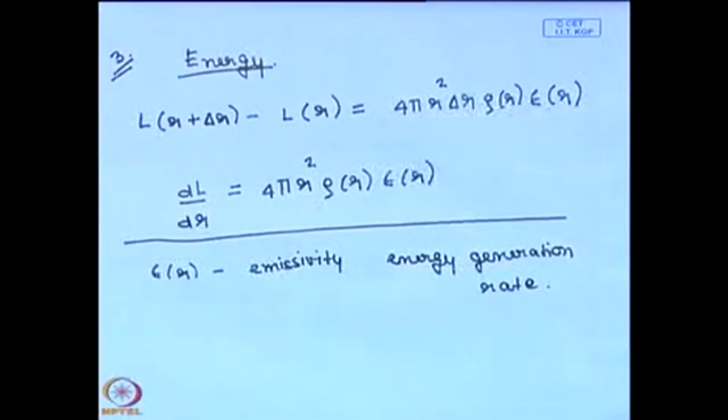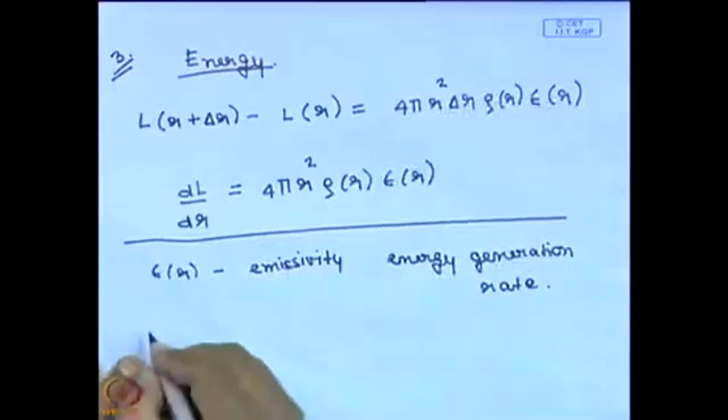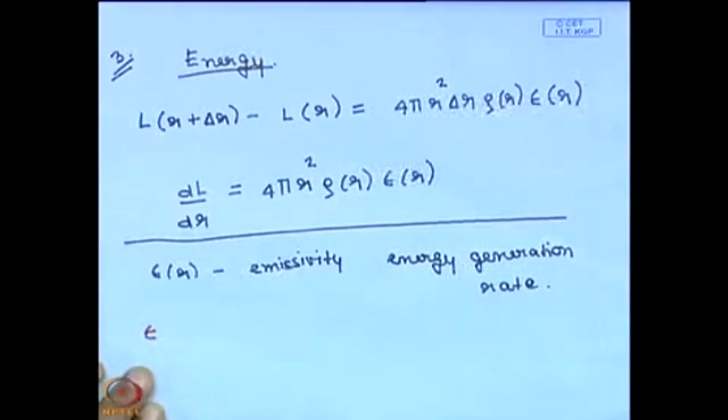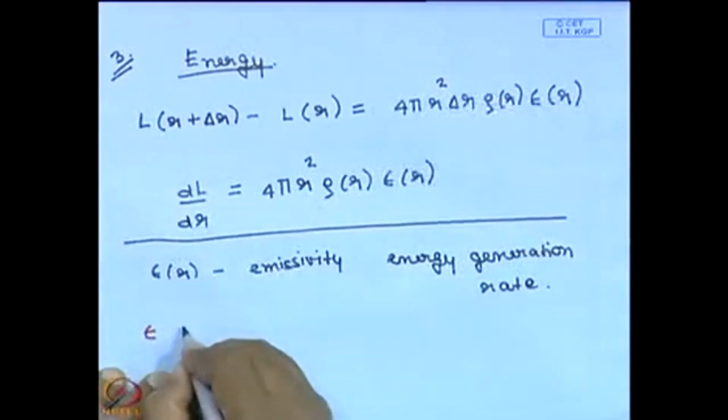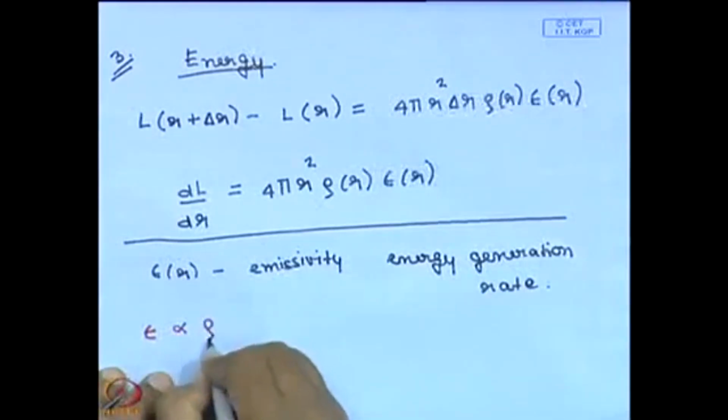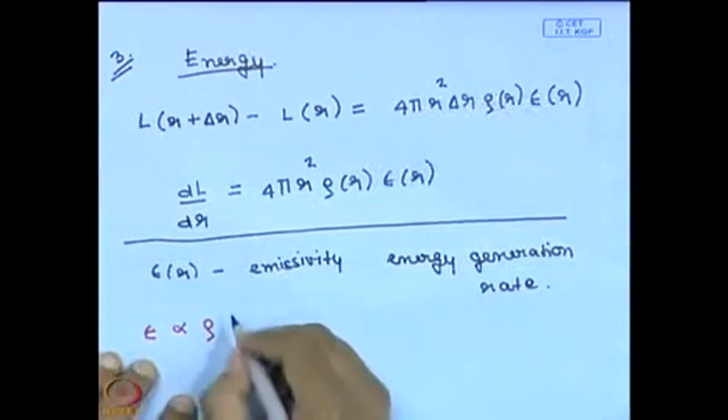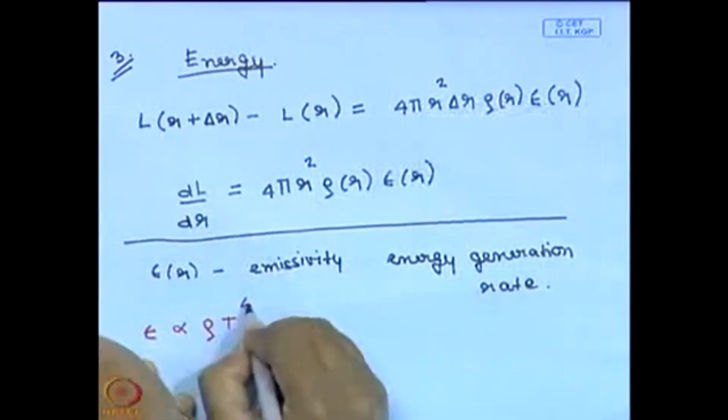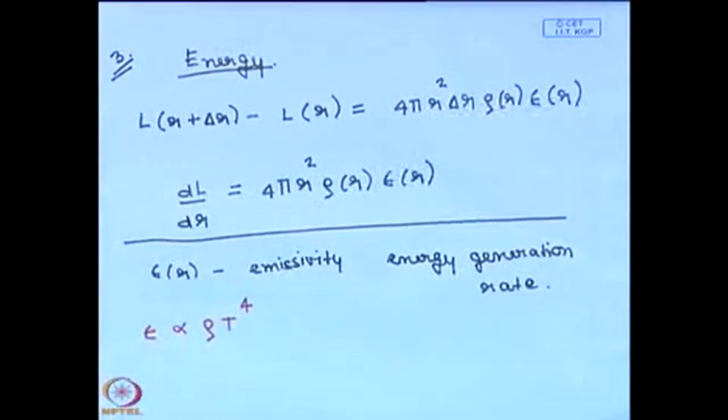And this is something that we discussed just in the last class, in the previous lecture, where we discussed nuclear burning. So, I told you that the energy generation rate epsilon is proportional to the density into T to the power 4 for the PP chain, right.